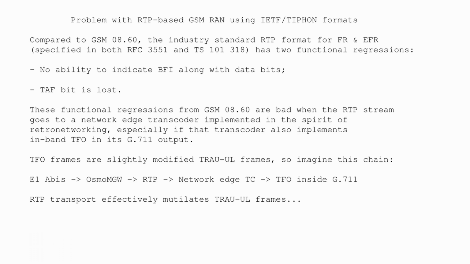So even if you have a frame with the BFI flag being set, the way the decoder knows this frame is bad, if you decode it straight through without any special treatment, you're going to get really horrible noises on the output. But nonetheless, they still do partial decoding. They don't throw the frame away altogether.